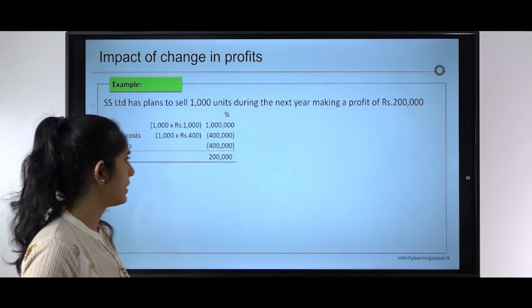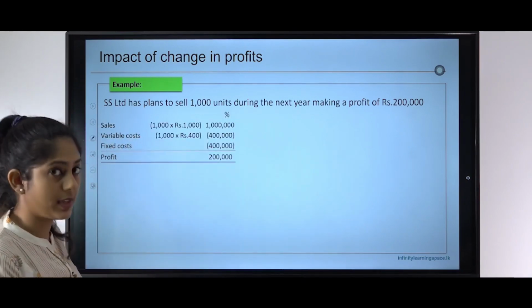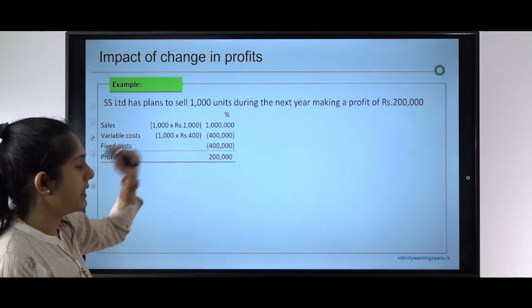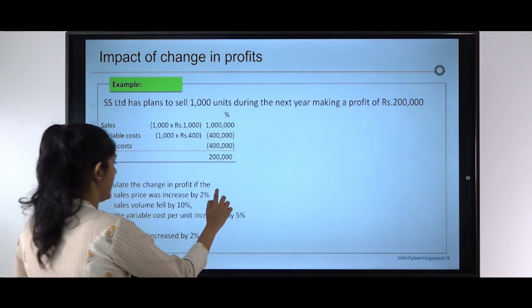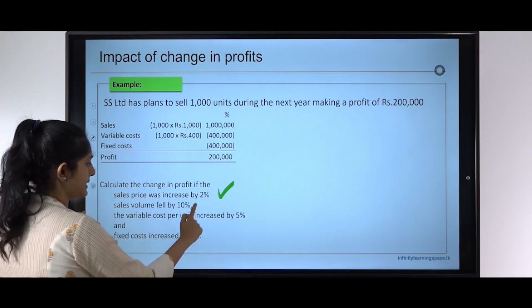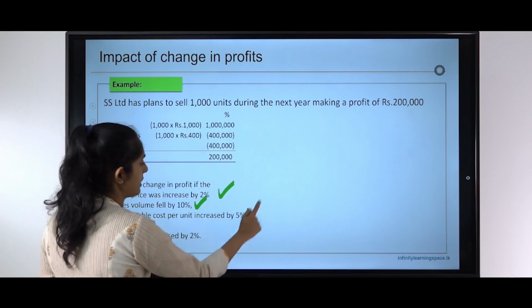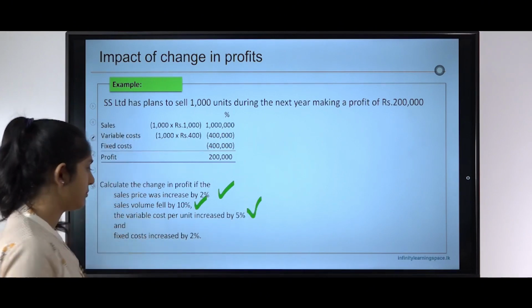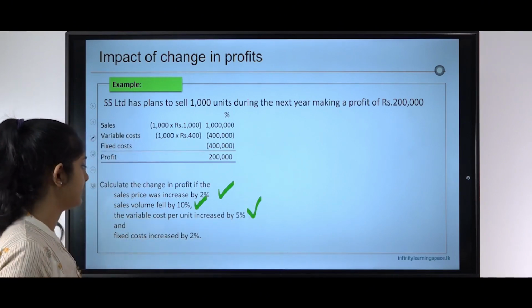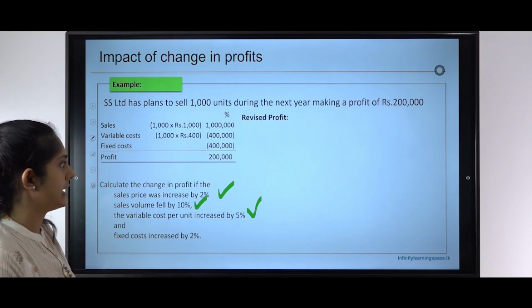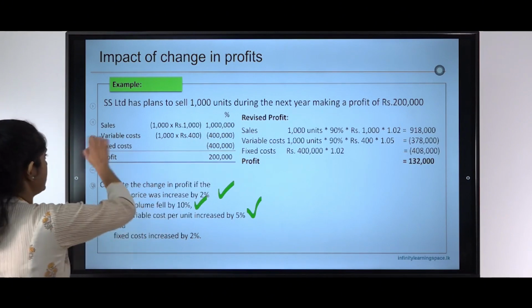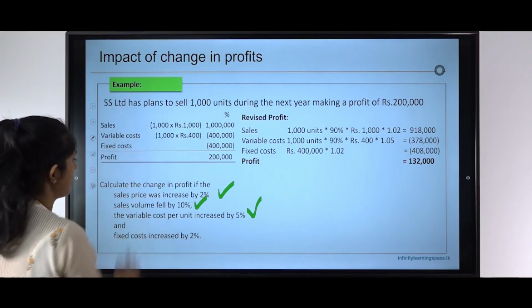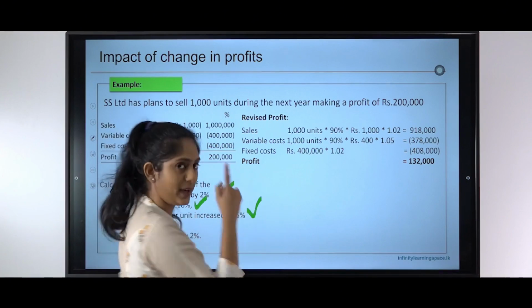So let's go to this. Remember, this was your first profit statement. Now your new profit, after these changes: we have done the sales price increase, sales volume decrease, variable cost increase also. We only have to do the fixed cost increase. So to do that, here in the revised profit, I have the sales, I have the variable cost, and the fixed cost increases by 2% like we previously did.